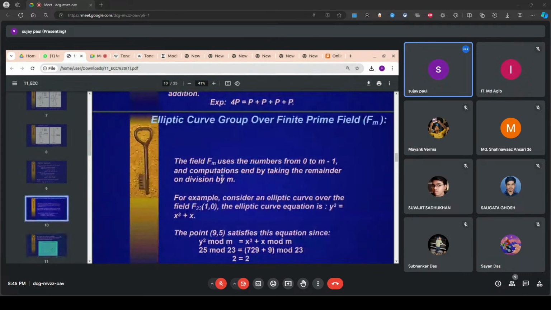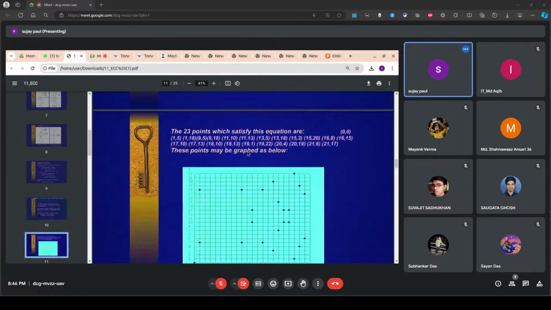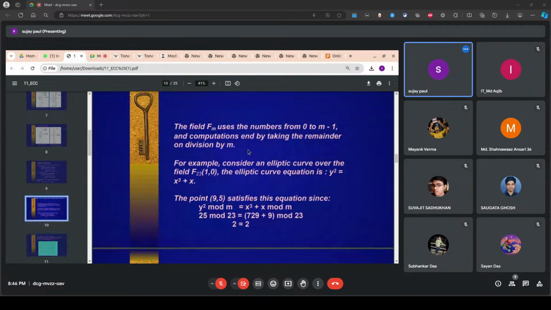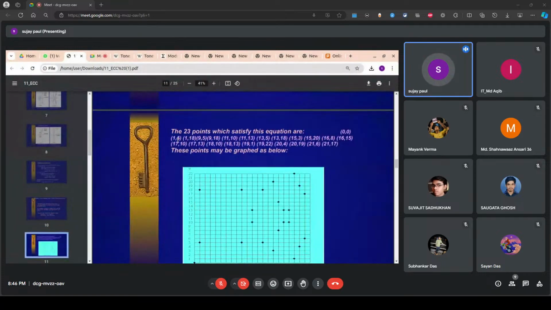Same curve, y square is equal to x cube plus ax plus b mod m. So I have put the value of x from 1 to 22, and I will get the y value.